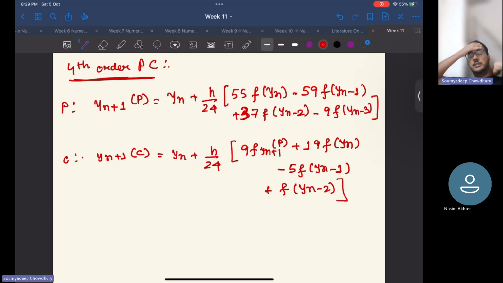So these are the equations for your fourth order predictor corrector method. This is a bit complex to remember. You can just take one random differential equation and solve it using this fourth order predictor corrector method. And you can see the order of error will be further less compared to the first order equation.